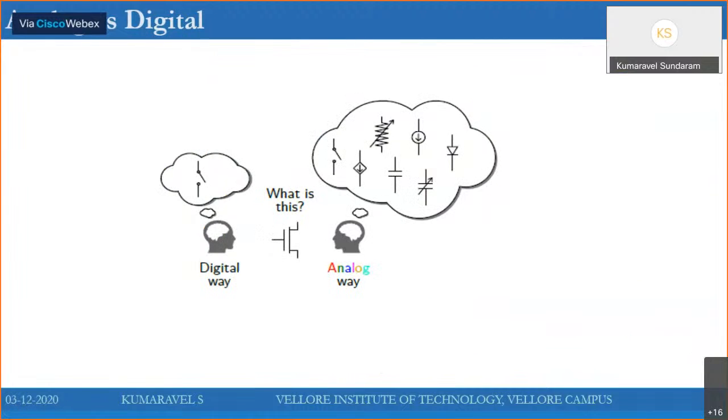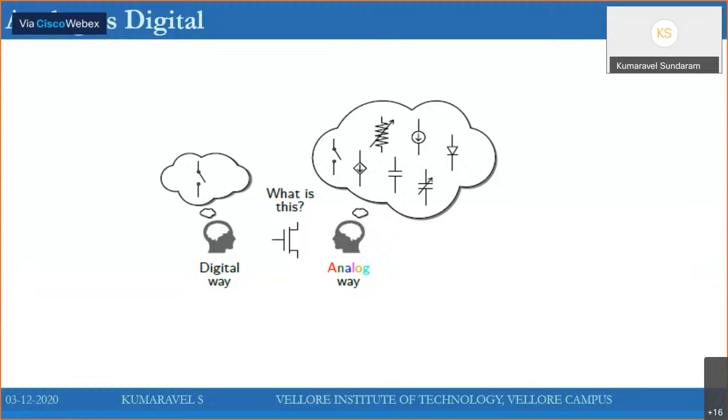We should have an idea of the perception of CMOS or MOSFETs in the analog way and in the digital way. In digital, we can visualize the MOSFET as a switch.